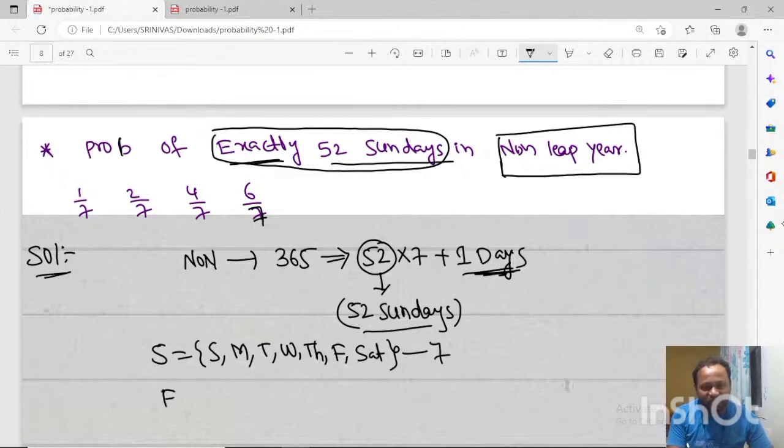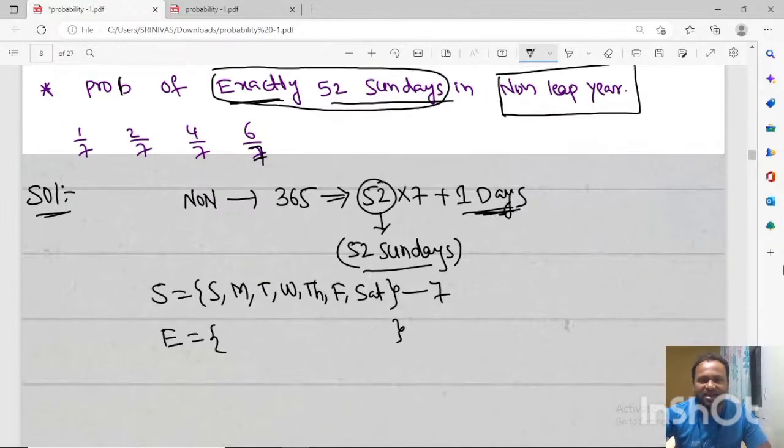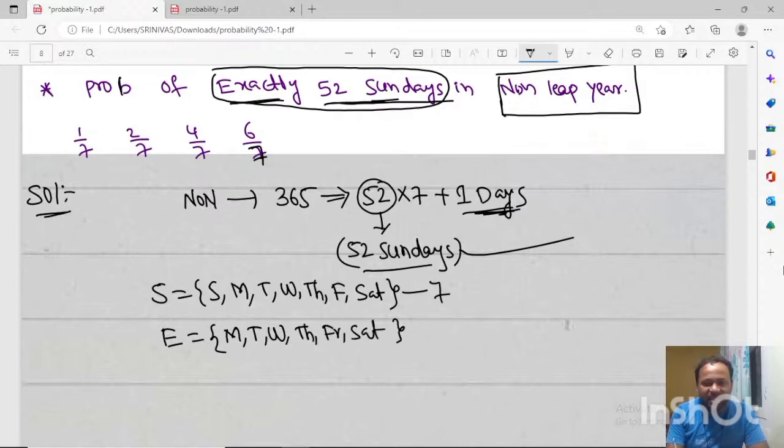Next, my favorable is what? This is the key. What is my favorable? I need exactly 52 Sundays. Already 52 Sundays came. Here the favorable may be Monday, Tuesday, Wednesday, Thursday, Friday, Saturday, not Sunday. Why not Sunday?